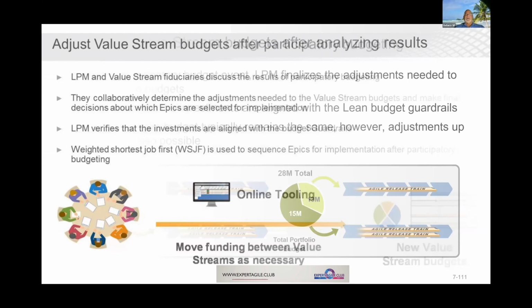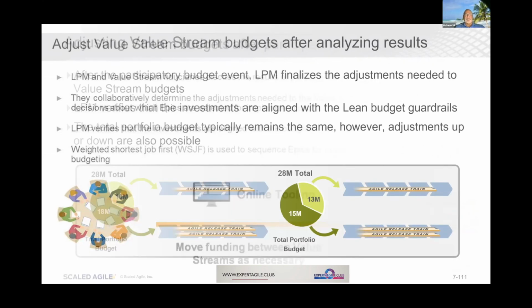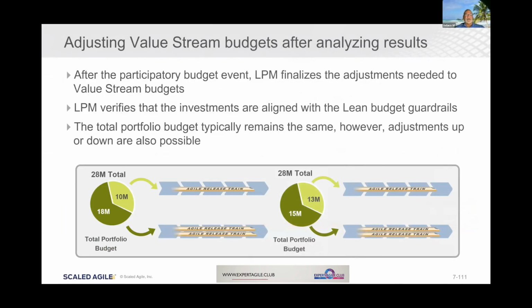And so here's an example of the different epics that were approved, and based on the total budget, the Agile release trains inside the value streams are going to shift the money a little bit. So in this example, it went from 18 to 15 million. The 2 Agile release trains in the value stream at the bottom lost a few teams, so they're going to get moved to the upper value stream that went from 10 to 13.